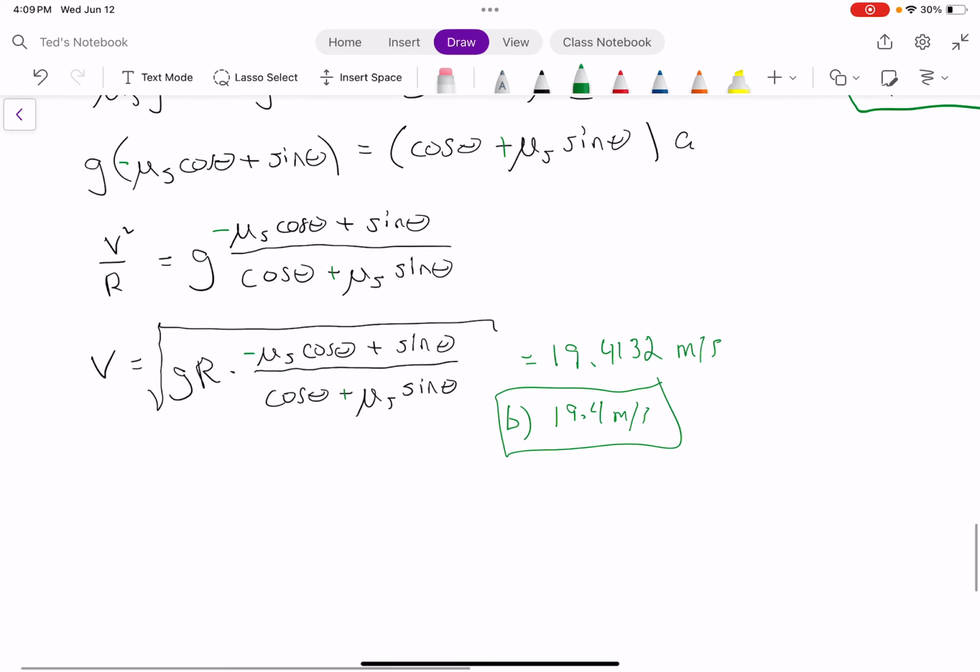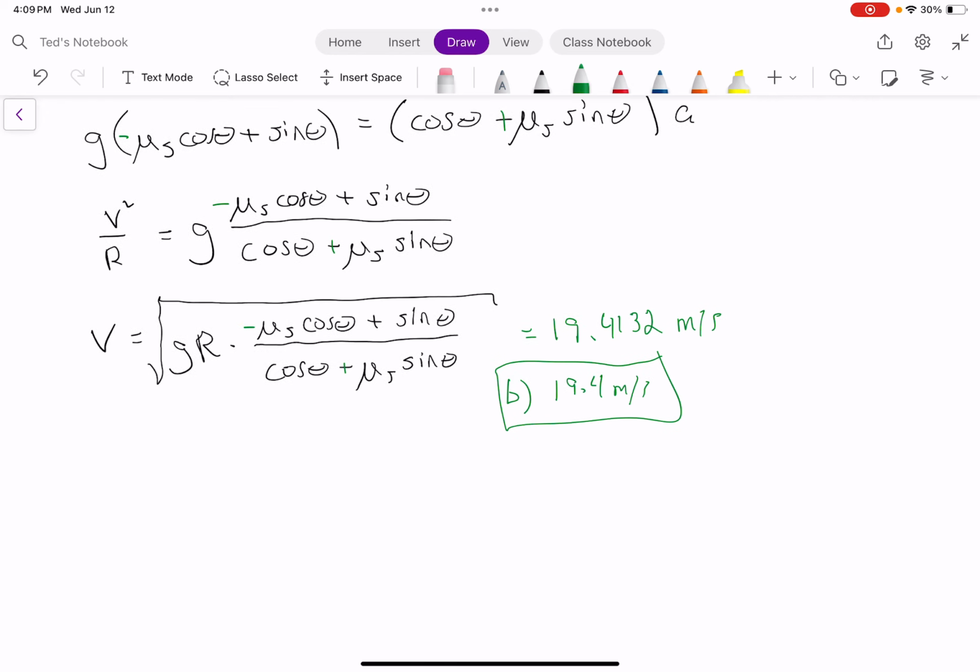So all the algebra ends up being exactly the same, except we have some positives and negatives in different places, and now this is for part C.